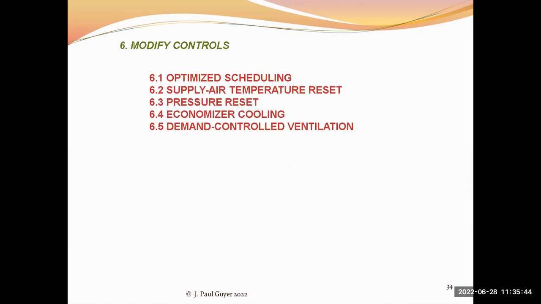And the reason this is an opportunity is because there are times of the year when the outdoor air temperature is just exactly the temperature at which you would like to be delivering air to your occupied spaces.